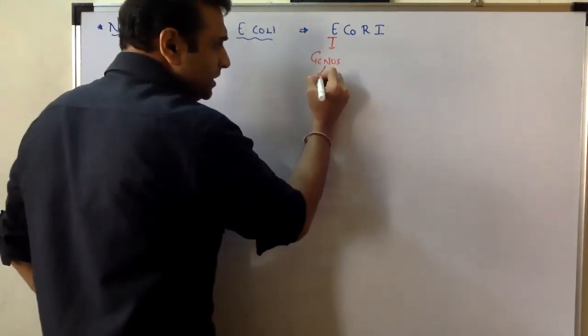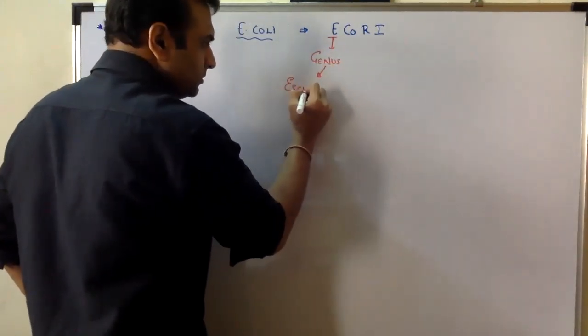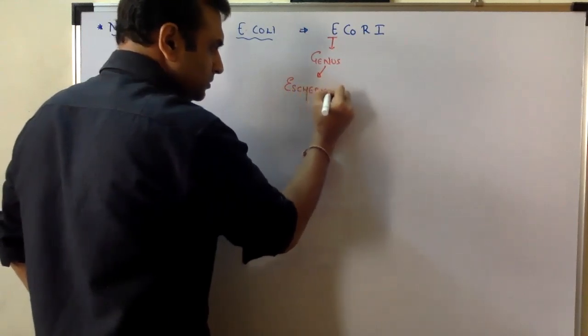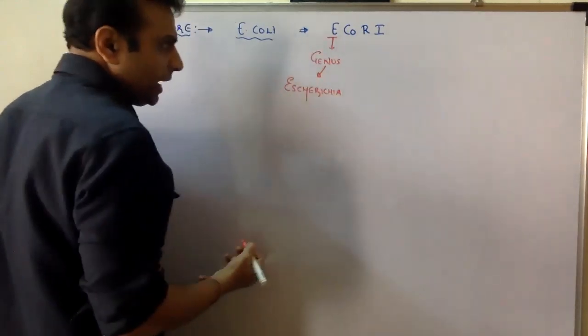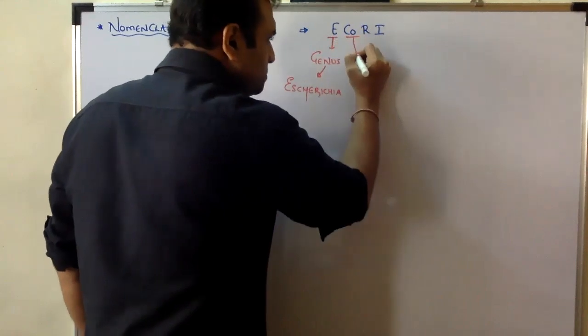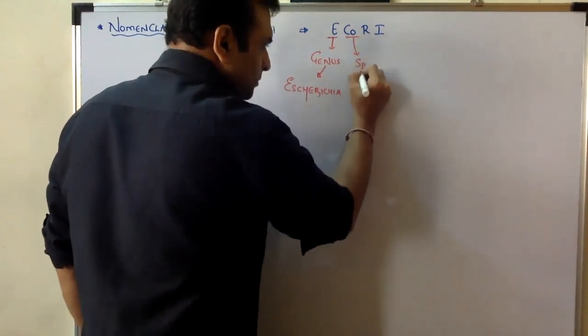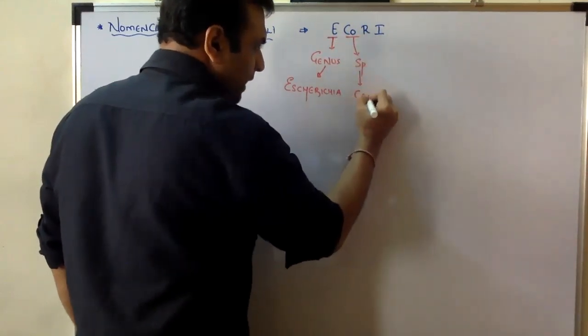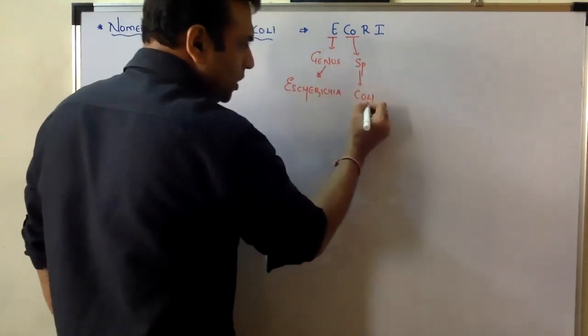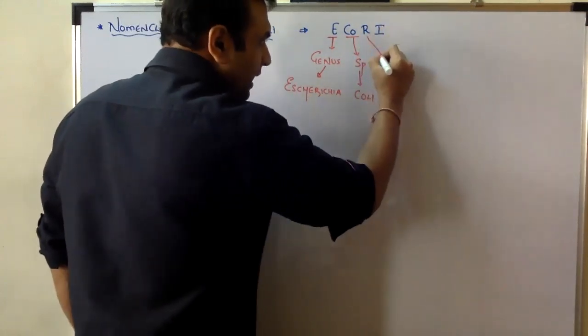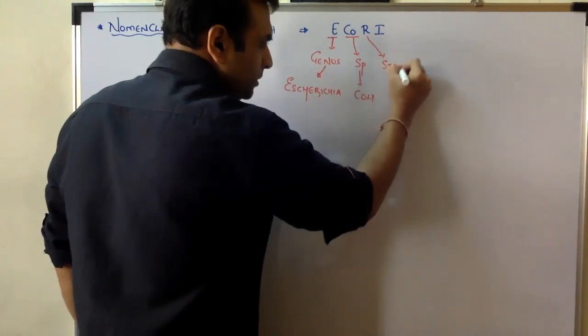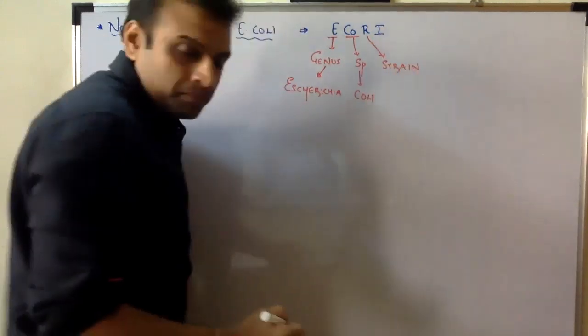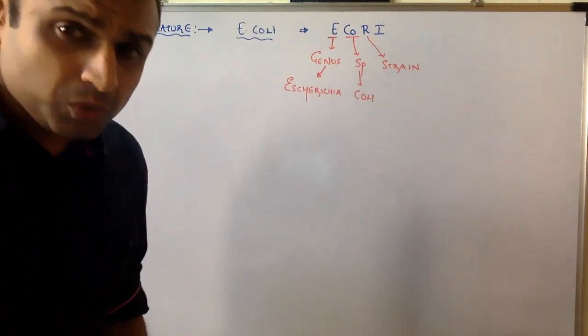In this case, it is Escherichia. Okay, next is species, and in this case, it is coli. So Escherichia coli. R is said to be strain. Now, if you remember, I told you about rough and smooth, right?